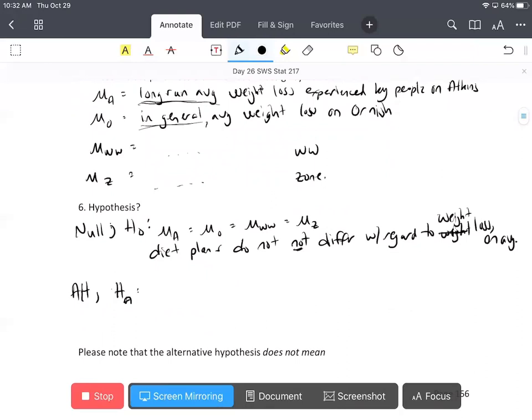We're just going to say, I will do it with symbols, at least one mu is different. So that's as far as we're going to go with symbols, and we'll talk more about that in a moment. And in words, at least one diet plan is different.